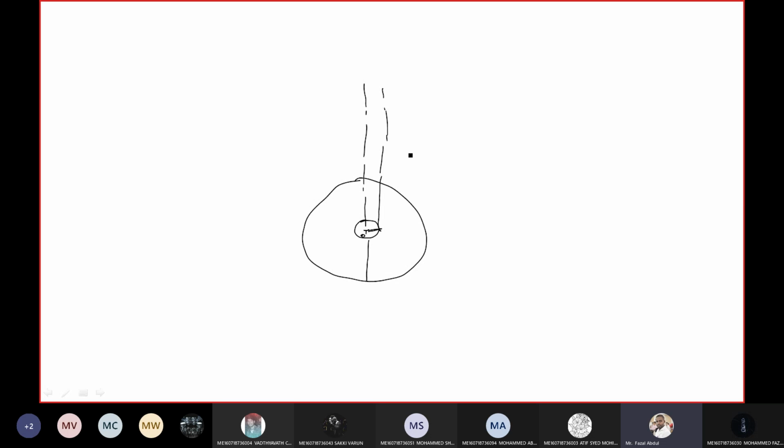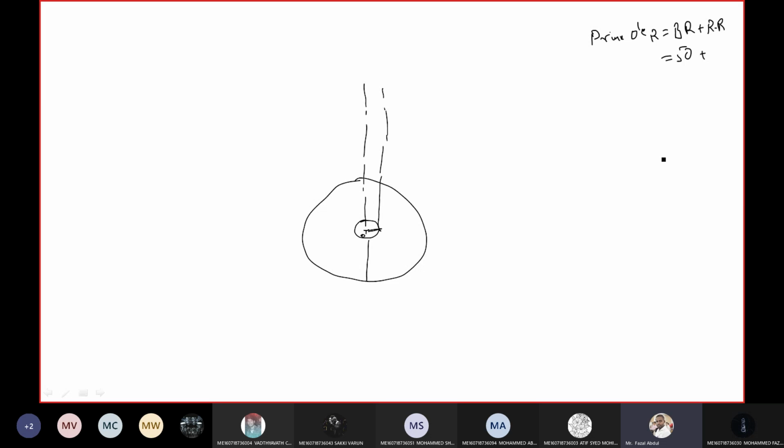Construction of the prime circle. To construct the prime circle, the radius is base circle radius plus roller radius. Base circle radius is given 50. Roller diameter is given in the question, 25 mm diameter.